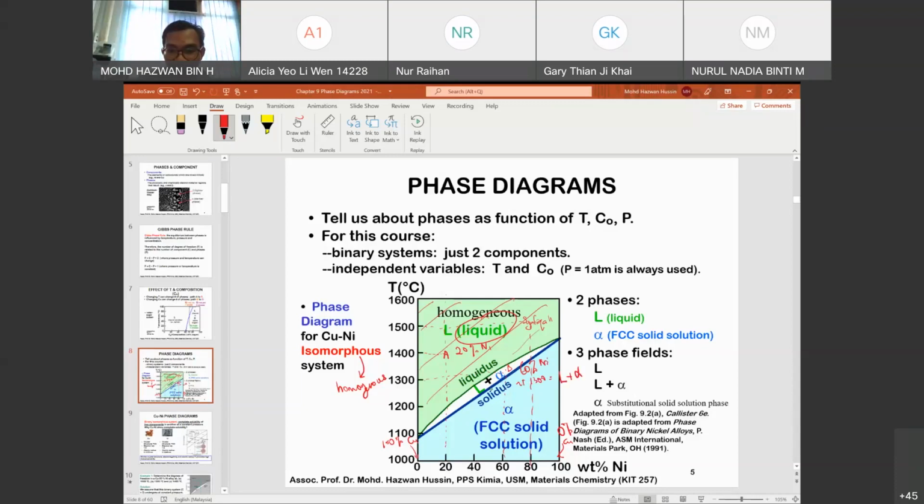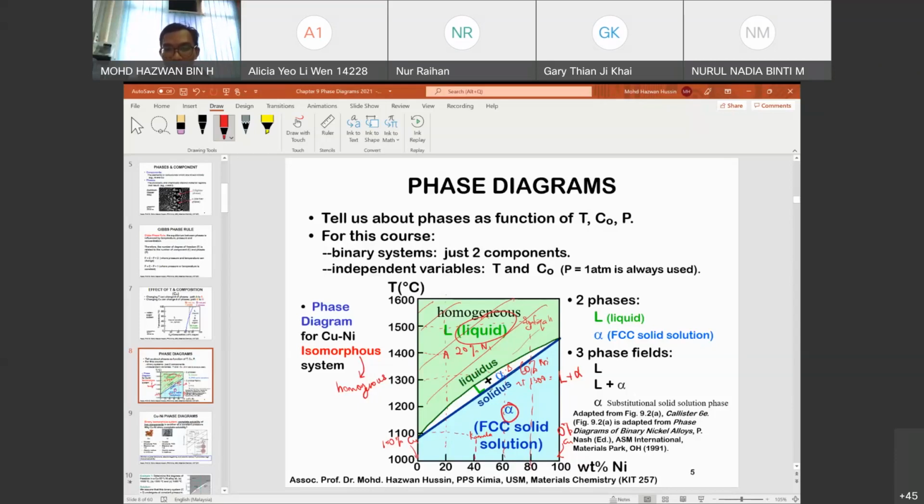All right. So, if let's say that you have another composition, Kamala, here. Okay, 40%. At 1100, what will be the phase? The phase will be alpha or solid, because it is in this region, the blue region. Anything that falls into this range will be known as alpha or solid.